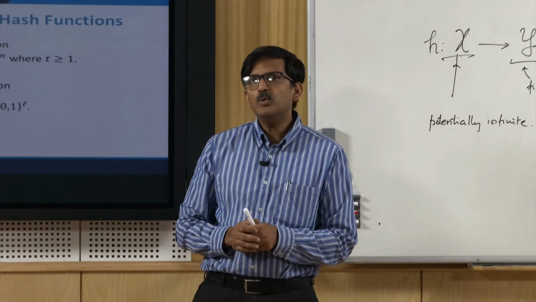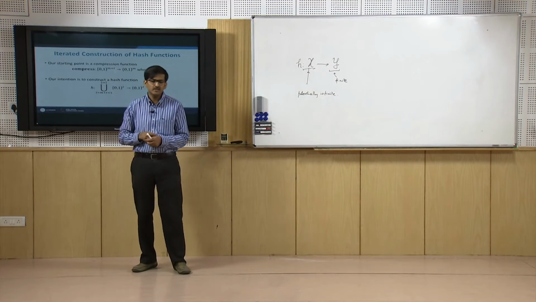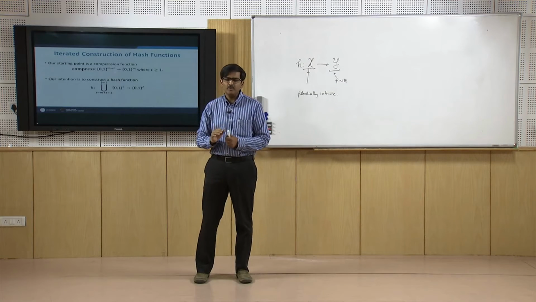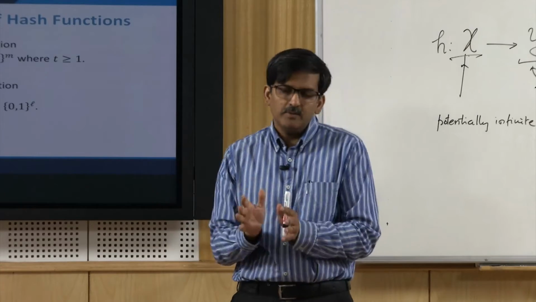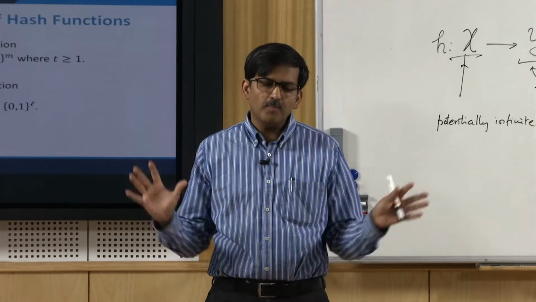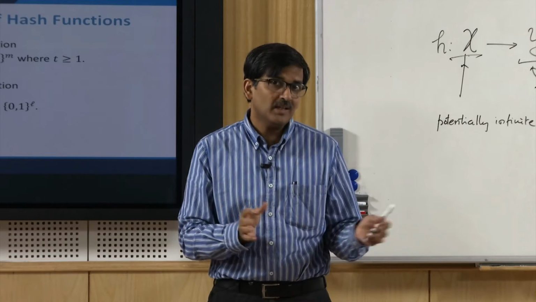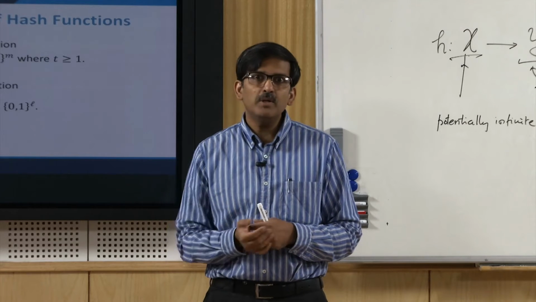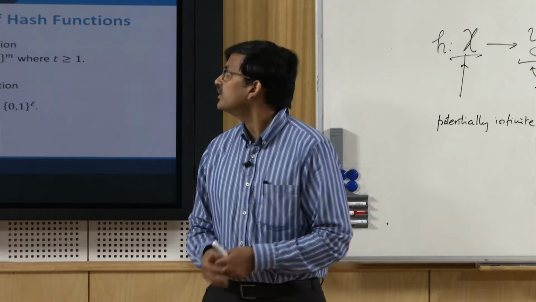Suppose compress is a good function, suppose compress is collision resistant, second pre-image resistant, pre-image resistant, and like that, and we would like to somehow use compress to build up a function on a bigger space which will have the same security properties as compress. So, that is our goal.